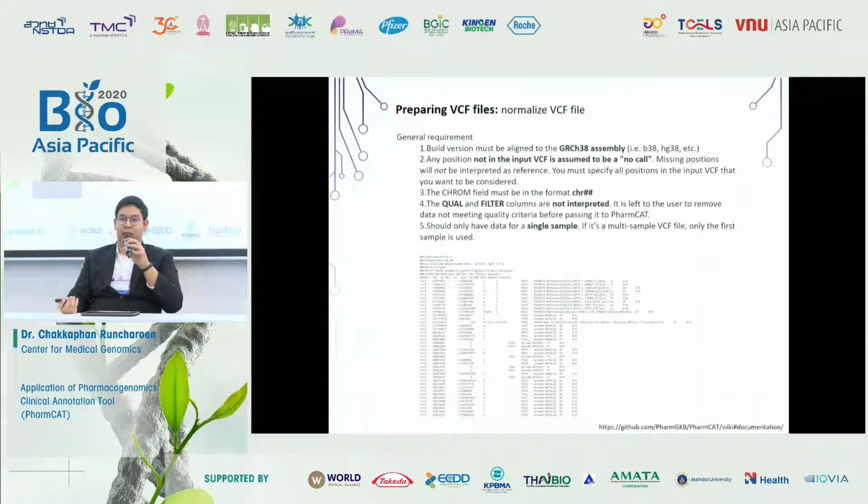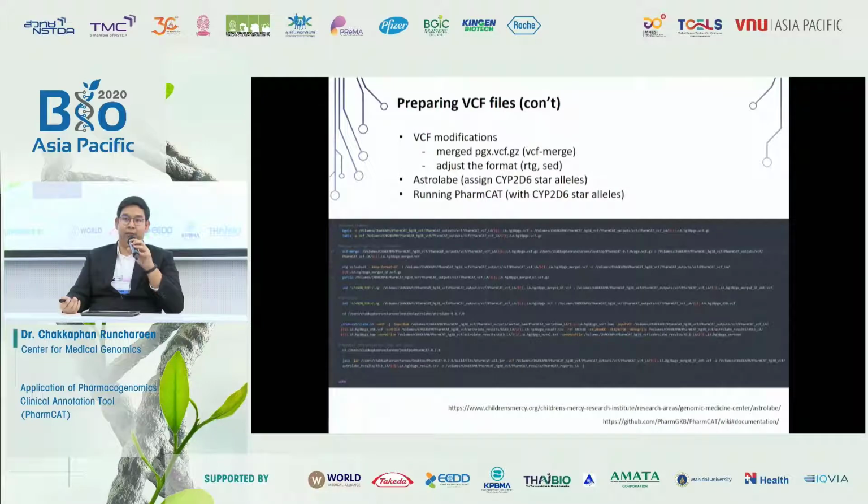So, this is the ideal format for running PharmCAT, as shown below. Then the next step, I make another script. The aim is to optimize the VCF file and then run isolate and include the result in the PharmCAT report.